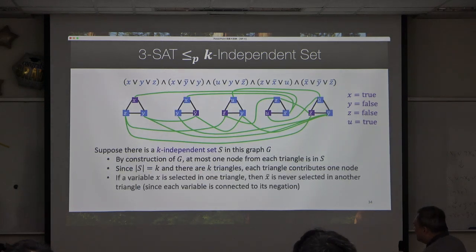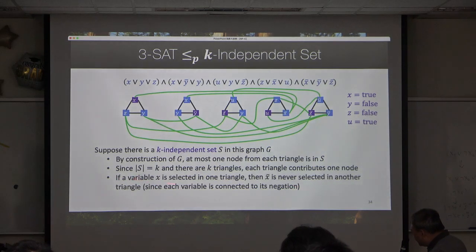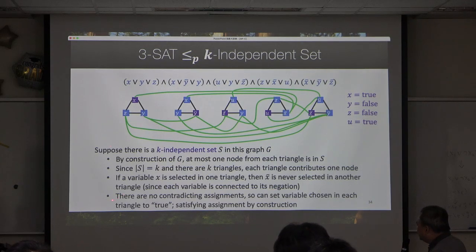If a variable x is selected in one triangle, then x bar will not be selected because we add an edge between them. For one edge, we can only select one end into this set. Because of that, there are no contradicting assignments, so we can set the variable chosen in each triangle to be true, a satisfying assignment by construction.